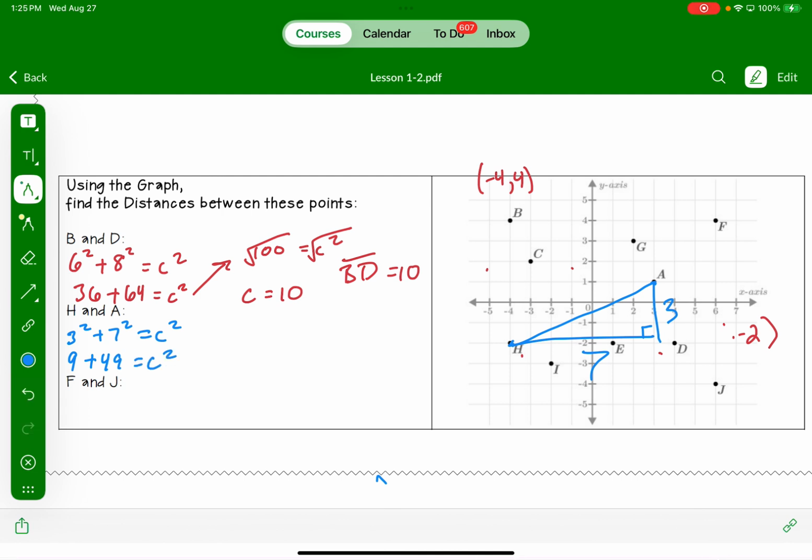Oh, my bad. Which is 58 equals c squared. Square root of both sides. And c is equal to the square root of 58. And we can't simplify it, so that's the answer.